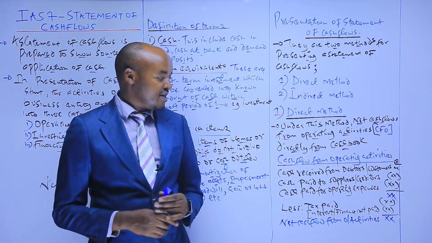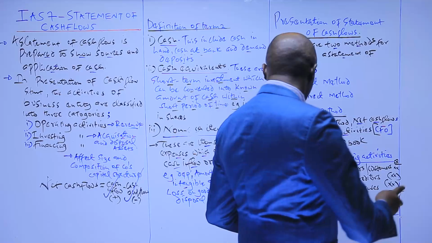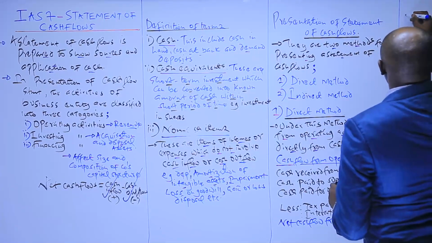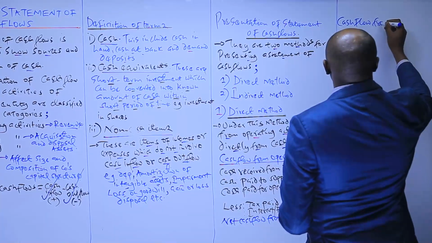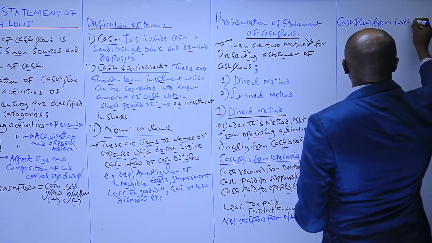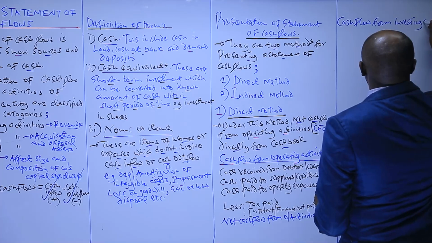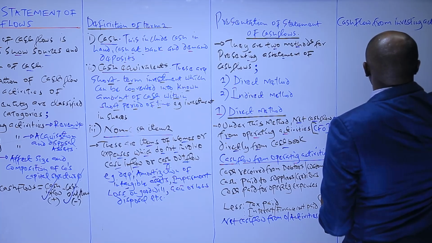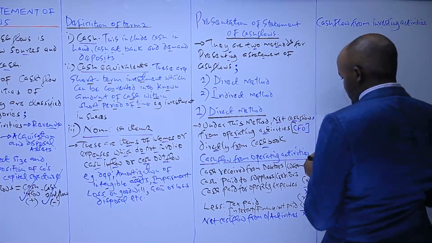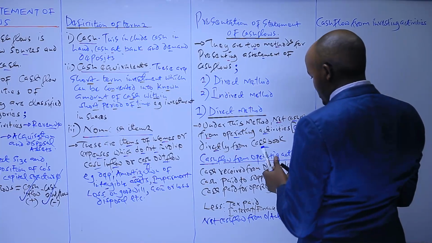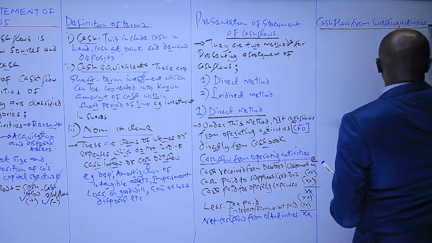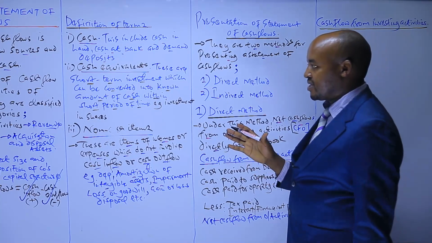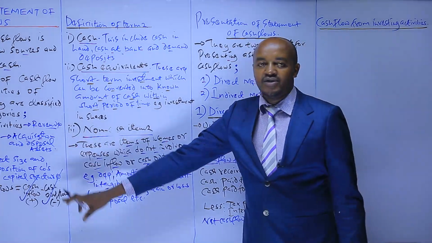So next here we look at how we determine the cash flows from investing activities. What do we need to remember here? Investing activities are those particular activities which basically involve acquiring and disposing what?